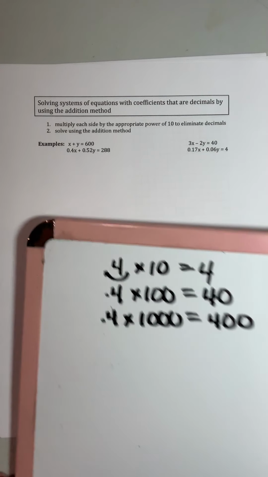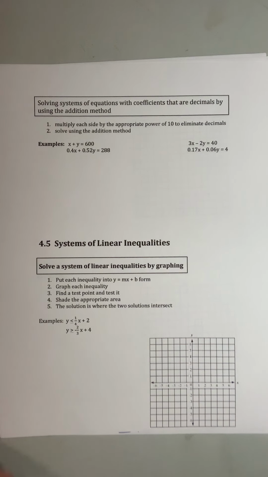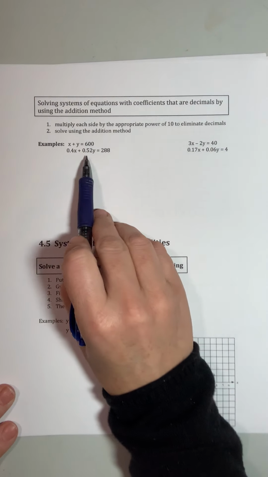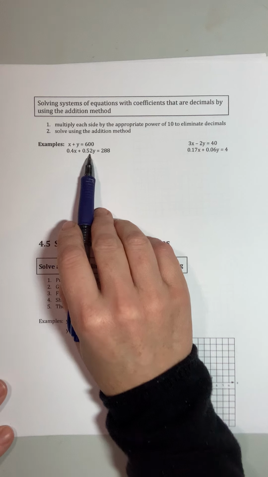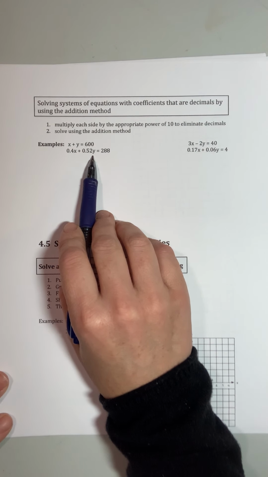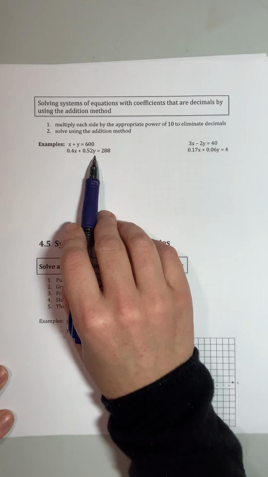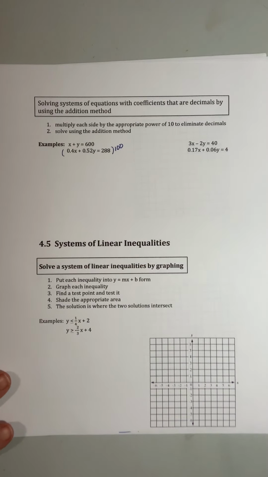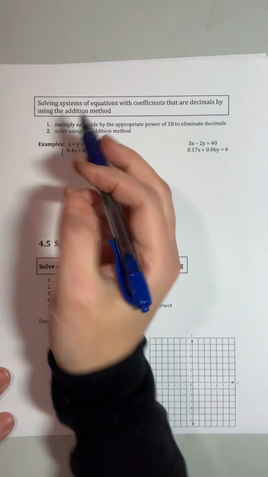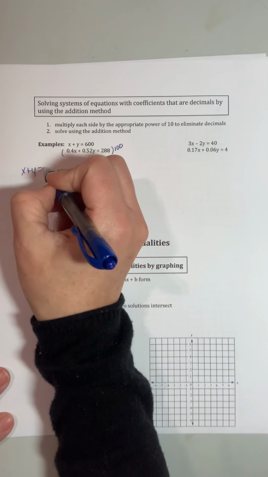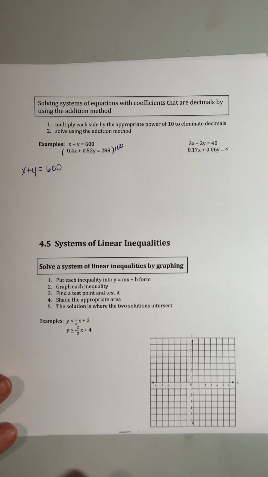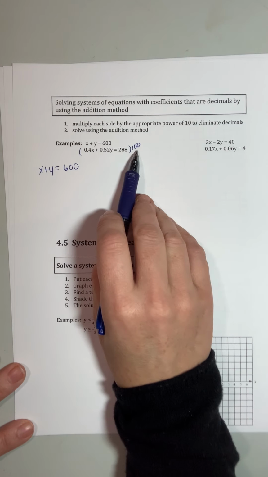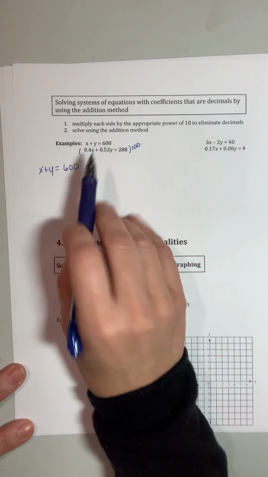So if I want to eliminate the decimals, I look at the decimal that has the most numbers after the decimal, and it's 52. And 52 is in the hundredths spot. So we are going to eliminate this by multiplying it by 100. Okay, so first of all, the top one's going to stay x plus y equals 600. But the bottom one, 0.4 times 100 moves your decimal over 2 spaces and gives you 40.